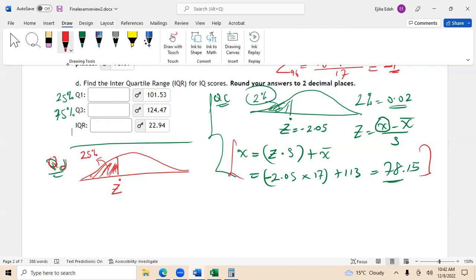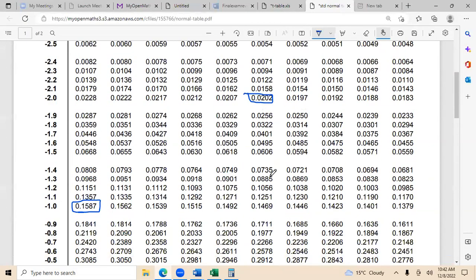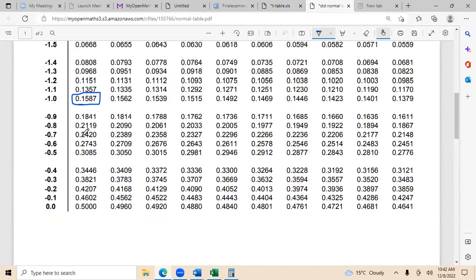Okay, so the Z value again here, we'll be looking for 25% in the table, and 25% is equivalent to 0.25, right? So let me go to the table and get 0.25. Over here is 0.24, 0.23, so it's changing. 0.25 here, 0.25 here, 0.24.